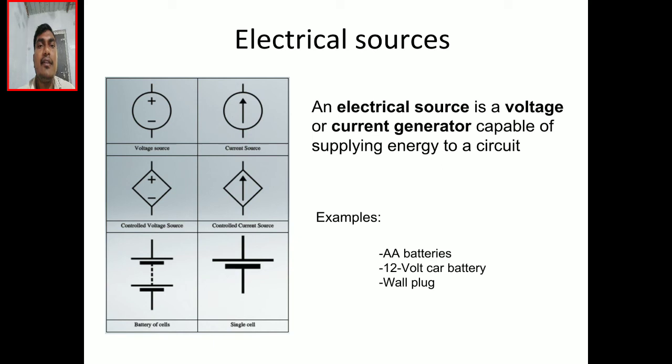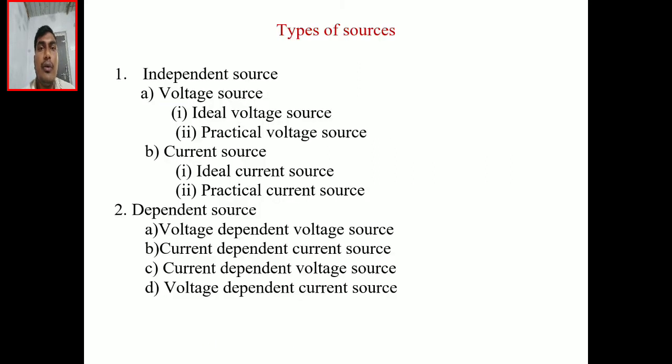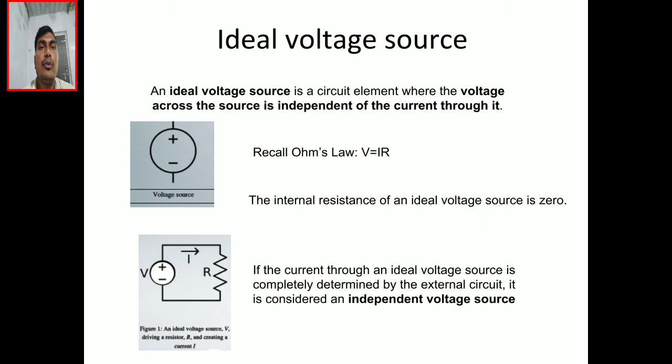Battery and single cell are the symbols of different types of cells and sources. Now here we have voltage sources, ideal and practical, and current sources, ideal and practical. So what are those sources?